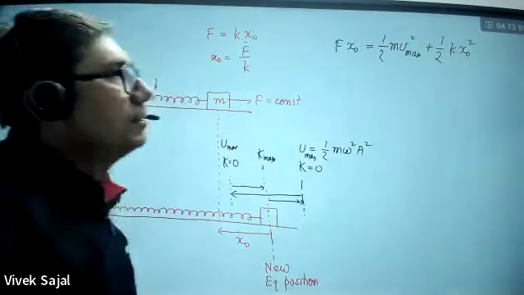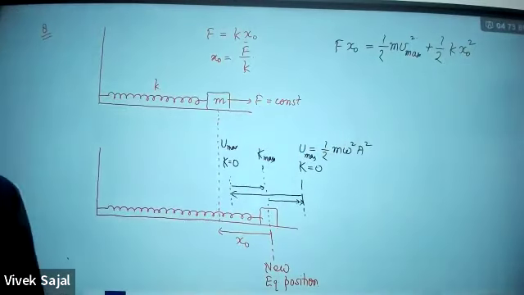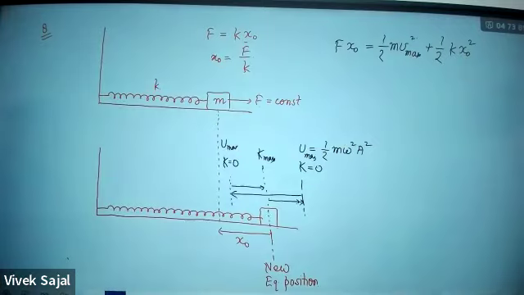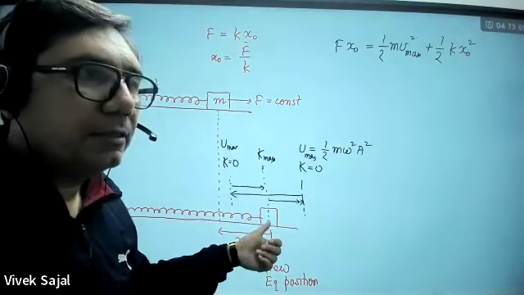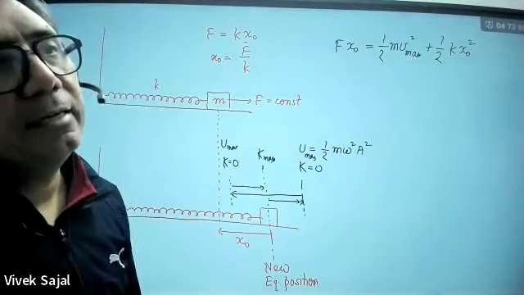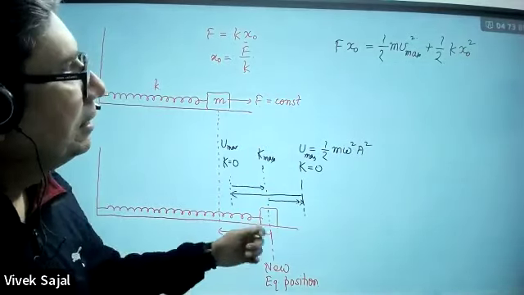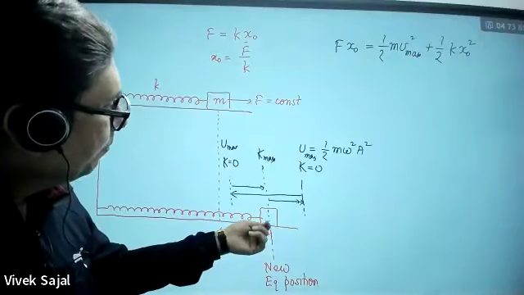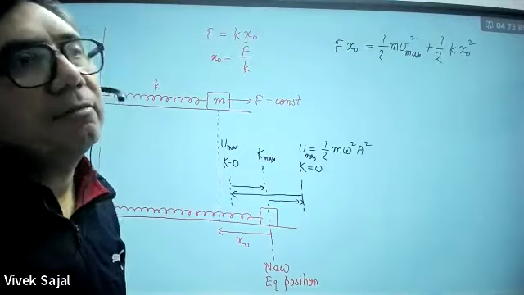So this will be the equation. At this position, it will have maximum kinetic energy as well as some potential energy, because the length of the spring is changed.